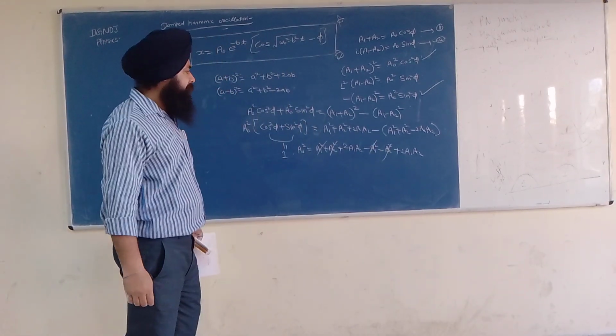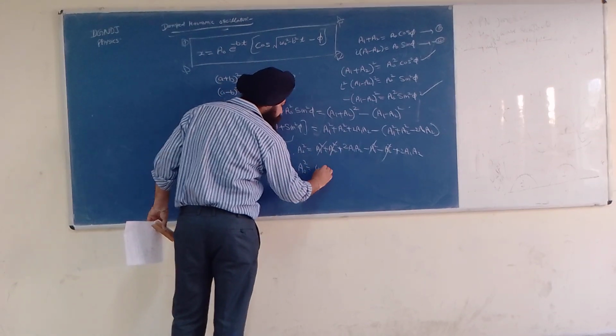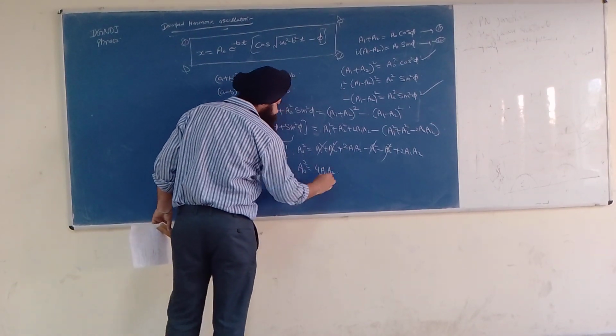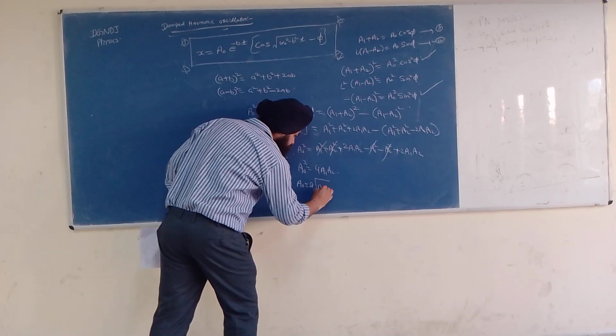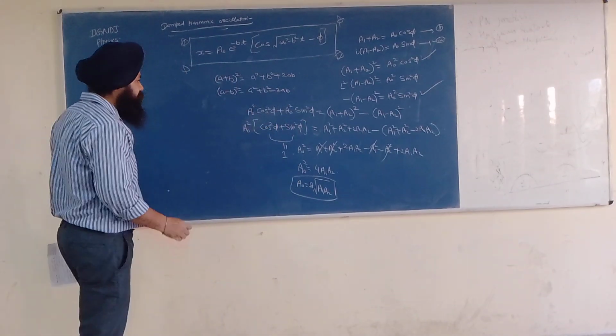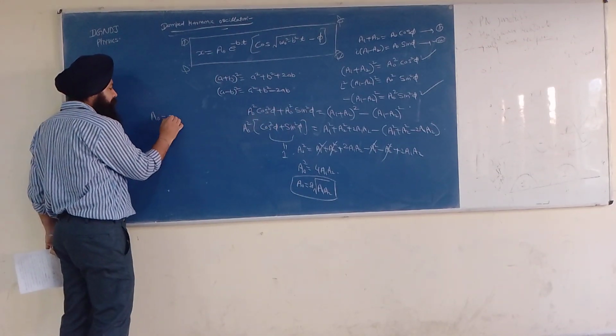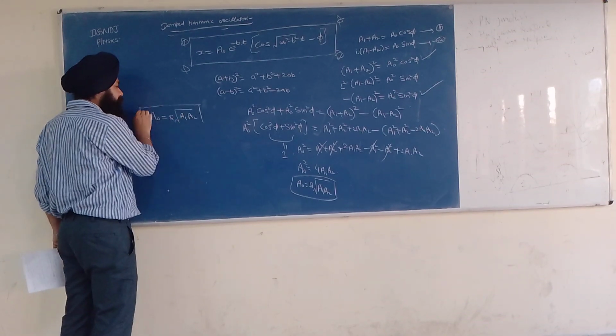What's the answer I have? I have a0 square is equal to 4a1a2. And what is a0? a0 becomes 2 times the square root of a1 a2. This is the answer.